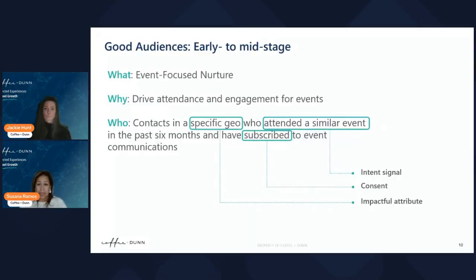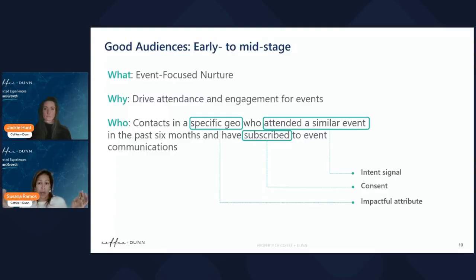So in this case, we're creating an audience of contacts in a certain area, and that may not necessarily be relevant depending on the topic or if it's in person versus virtual. But in this case, we're using a specific geo. They've attended an event like this in the past in a certain amount of time, and they have subscribed to event communication.